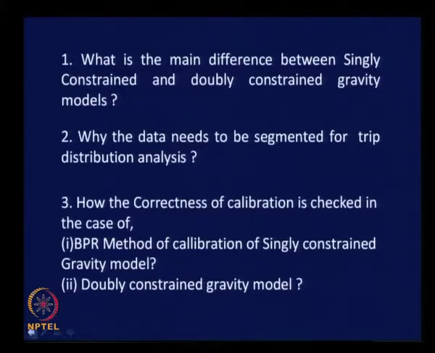And how do we check the correctness of calibration? What do we do in BPR method of calibration? At the end of the calibration process, what do we do? You may recall we are using discontinuous function, right, to get the different functional forms for the friction factor.